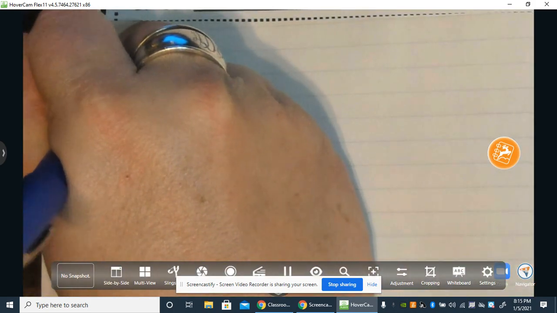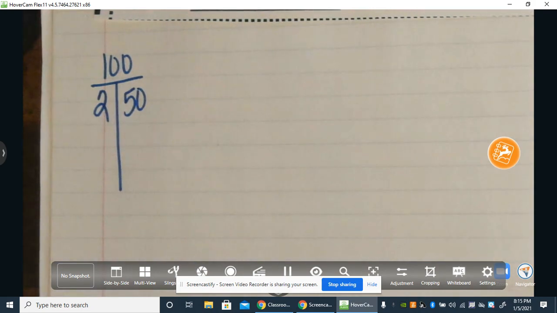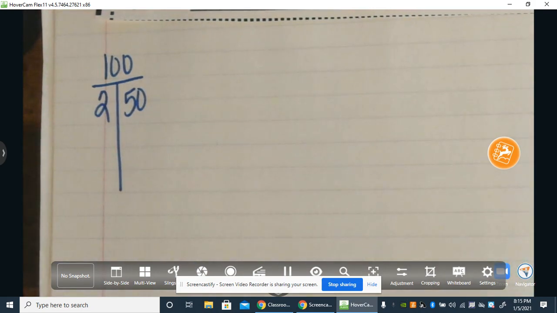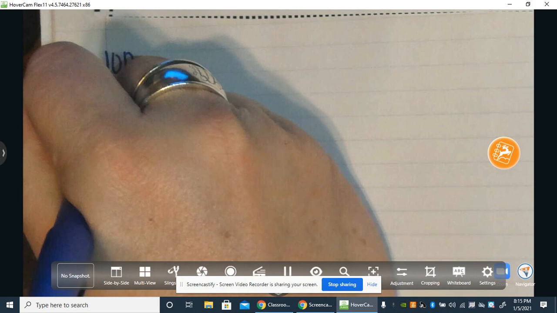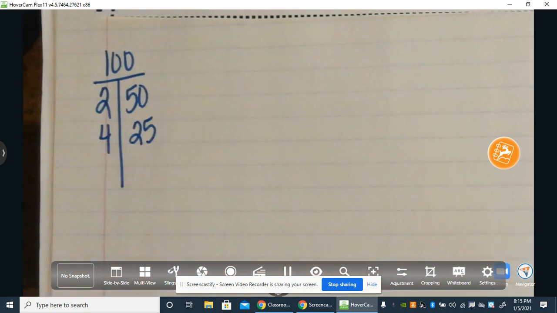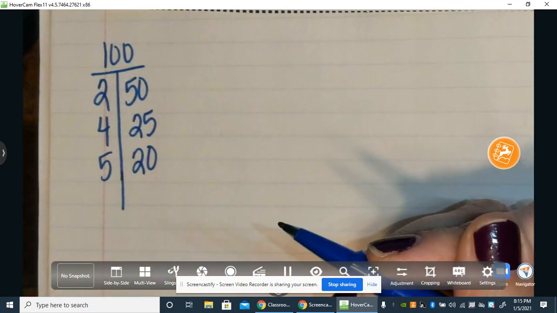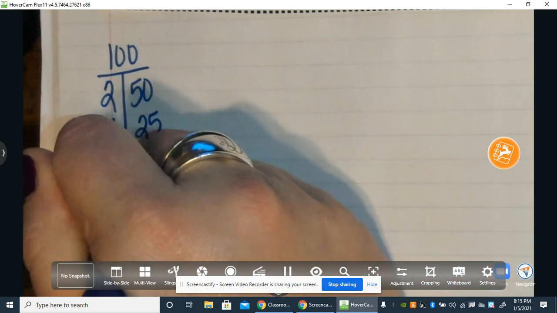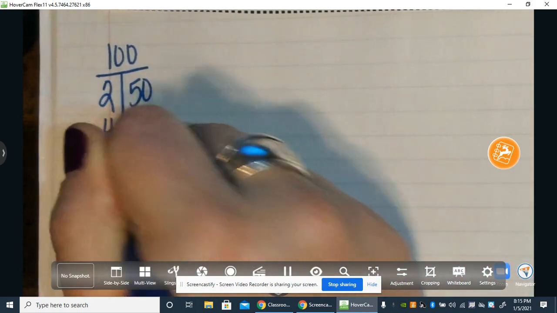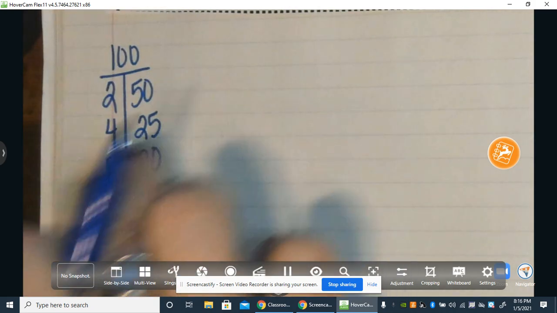So my first number would be 2, and 2 times 50 gives me 100. 3, nothing times 3 gives me 100, but 4 times 25 gives me 100. Then we have 5. 5 times 20 gives me 100. And 10 times 10 gives me 100. So those are the factors that make up 100.